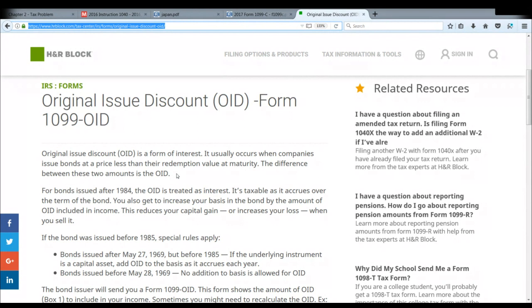Right? So that $600 difference may be a portion that's taxable because they gave you a discount. Okay. So again, the discount that you receive may be considered income.